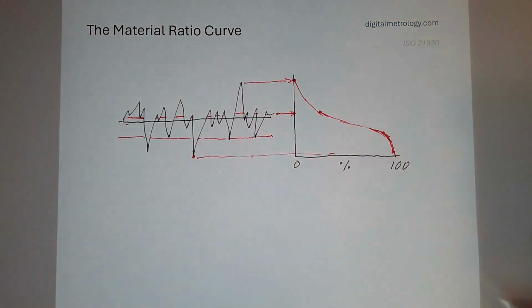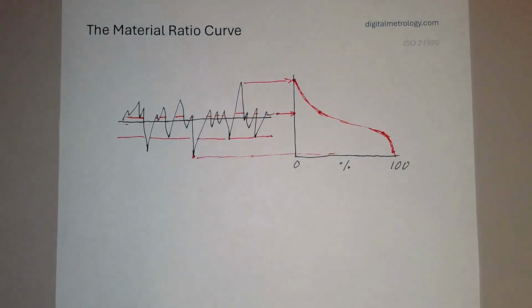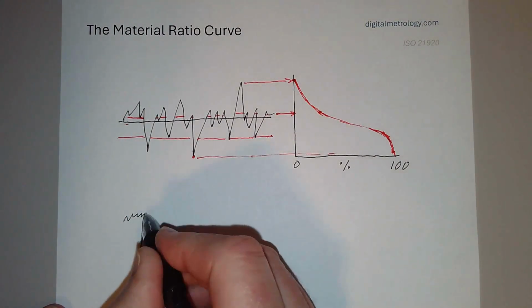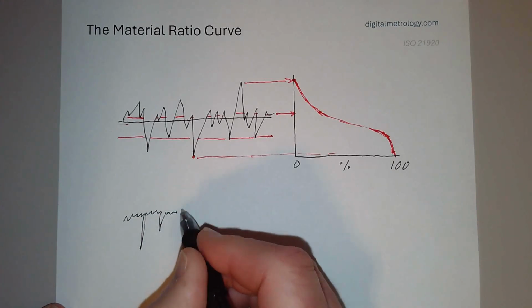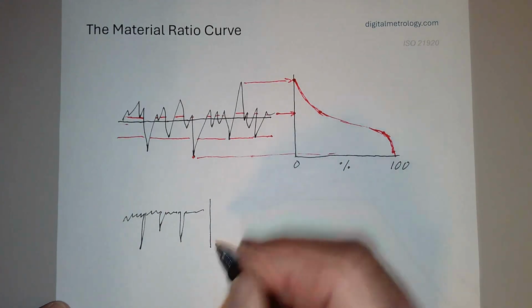So the material ratio curve is a way of kind of compiling the surface into a shape. Now, if we had a surface that was extremely plateaued, for example, if I had a surface that was very smooth on top with some valleys, the curve will take on that shape.